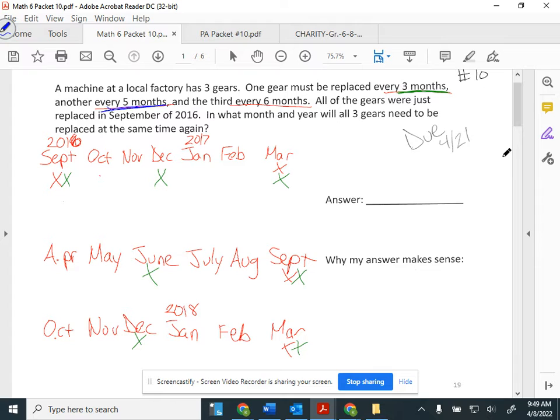Every 5 months. I'm going to do the same thing, and I'm going to see where all 3 land on the same month that they need to be replaced. I can see what month it is and what year it is. So you're going to have to show that on your paper. Show the months out. Show how you found where that overlap happened.